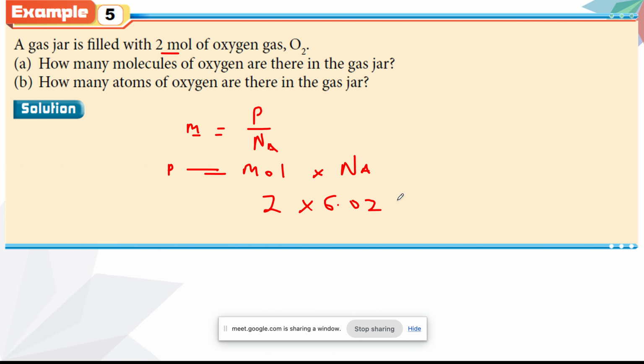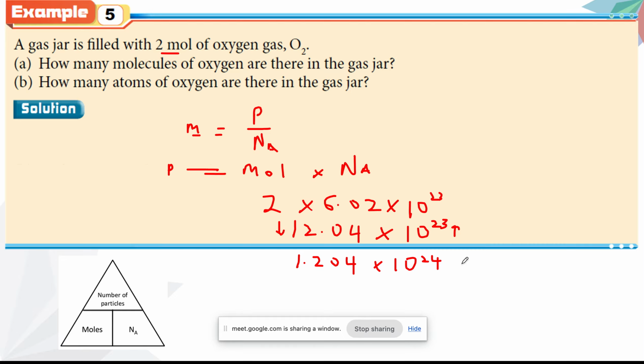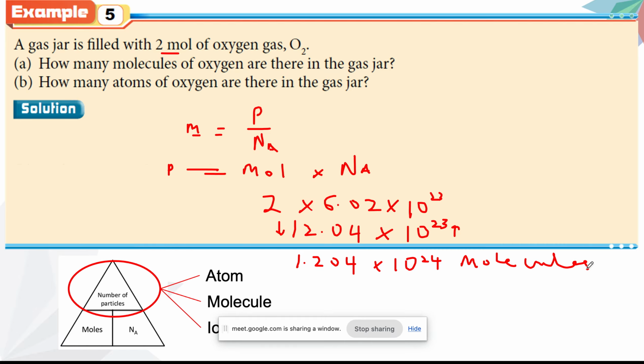Times 10 to the power of 20. That's it. That's the molecules. You write molecules. That is the A part of it. The B part is how many atoms of oxygen are there in this gas? Oxygen is O2, right?